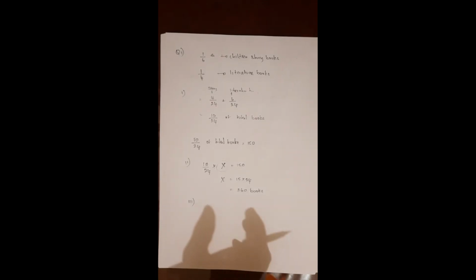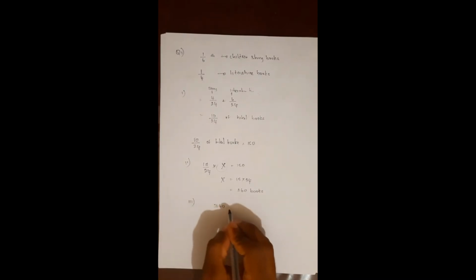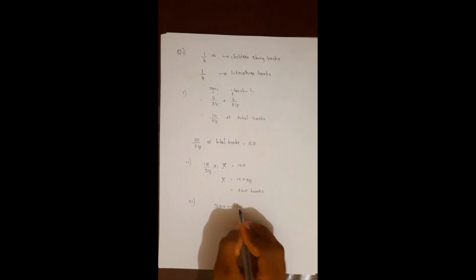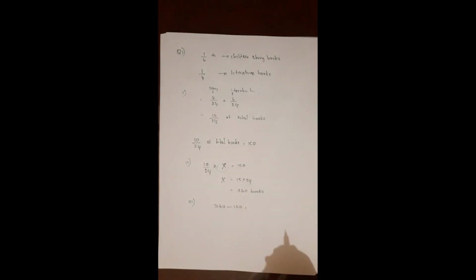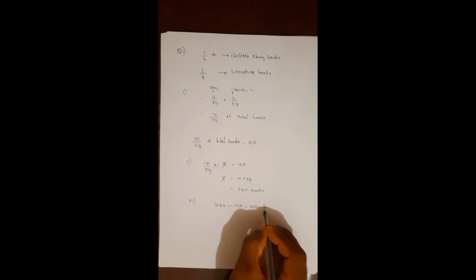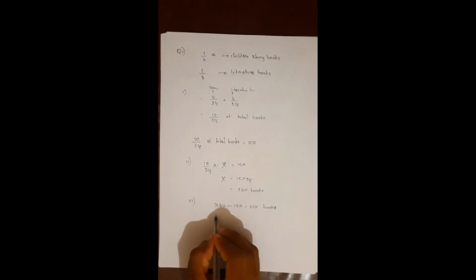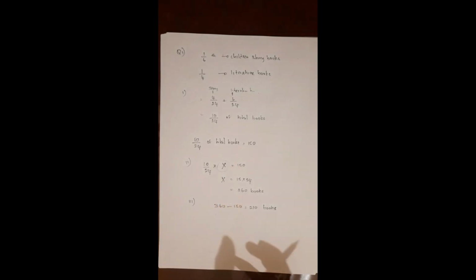Of the remaining books, Ananda gave 60 to his neighbor. So 360 is the total number of books. Out of that, 150 is given. So what is the remaining part? That is 210. 210 books is remaining. So the fact given is 60 books of the remaining portion is given to his neighbor.